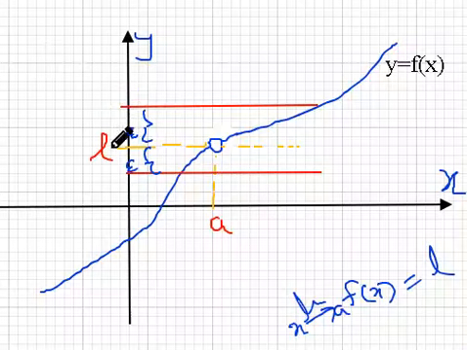You can make the size of this strip smaller, right?